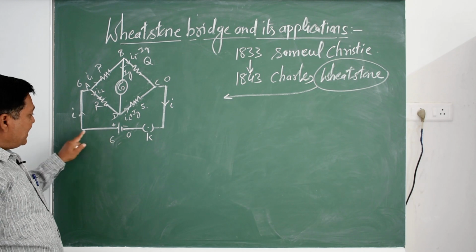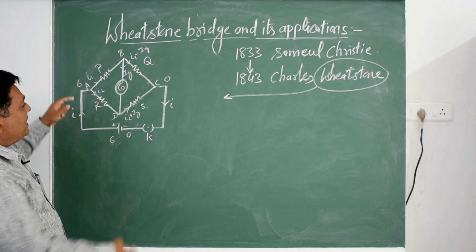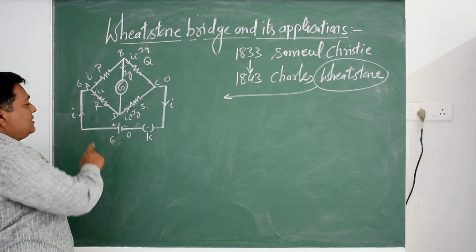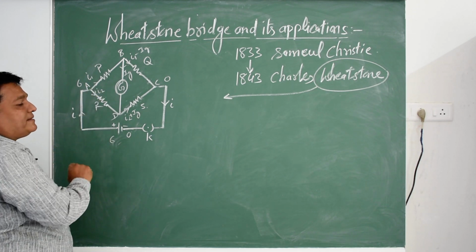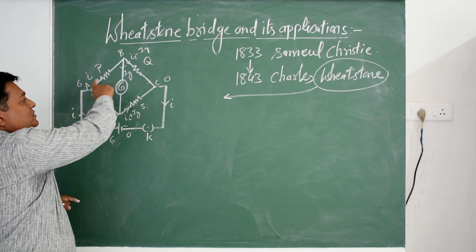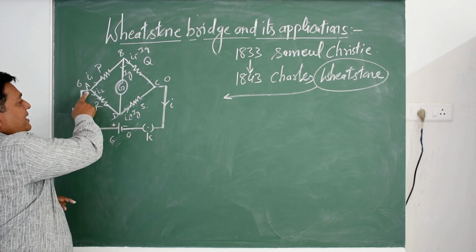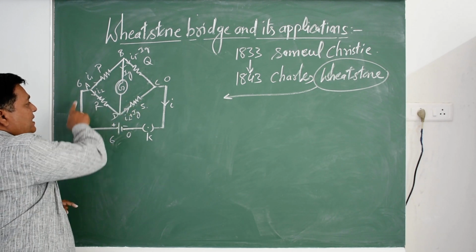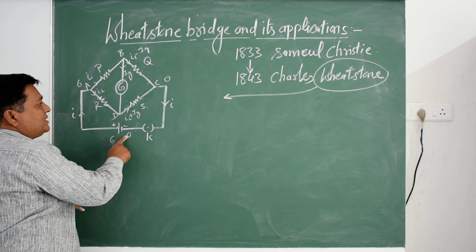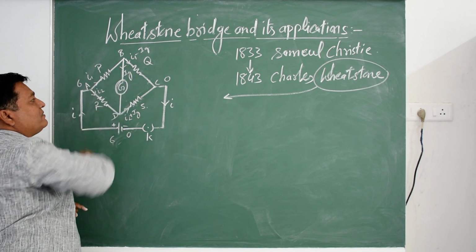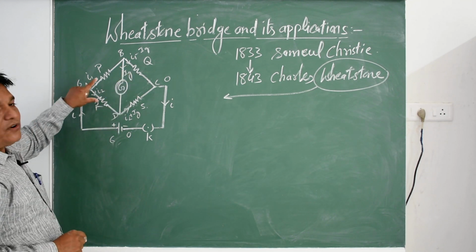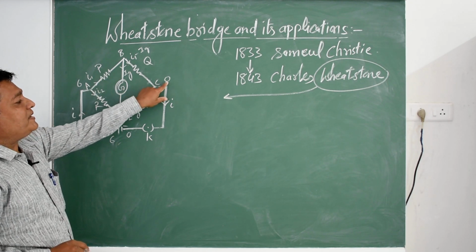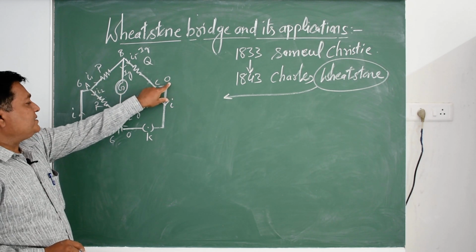When the current I flows through this complete network, there will be a fall of potential when it passes through the resistances. Current flows from higher potential to lower potential, and as it passes through the network, the potential keeps on falling after each resistance, and at this end the potential will become minimum, that is 0.